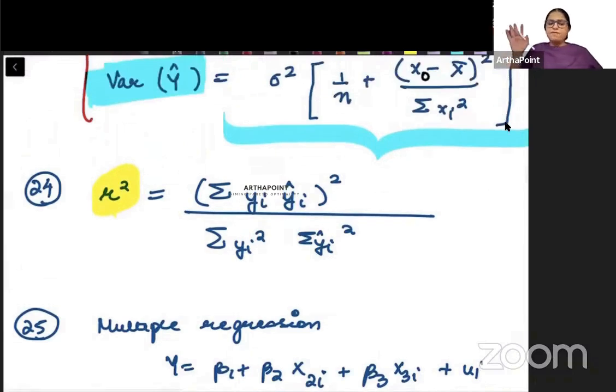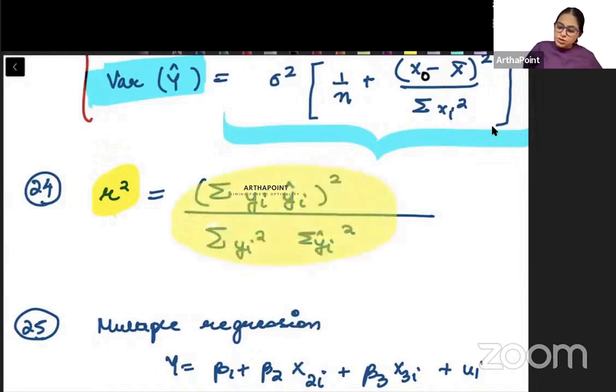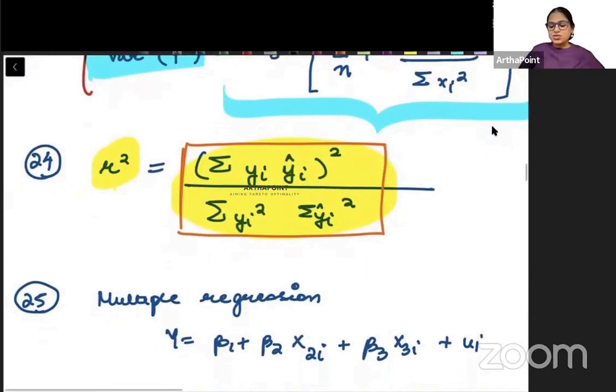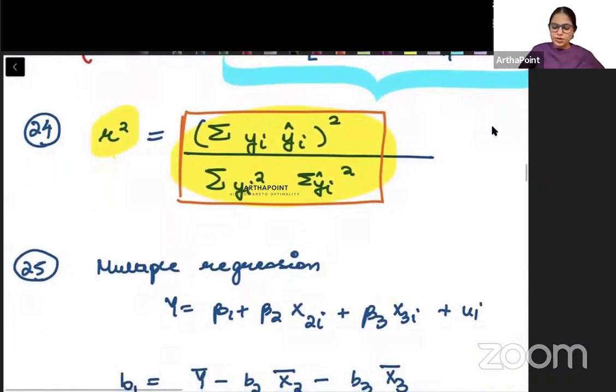Until now, whenever we were writing r square, it was always in terms of x's and y's. But if you want r square in terms of y and predicted y, then this is the formula for that, right? So you can write it as summation yi hat square upon summation yi square.